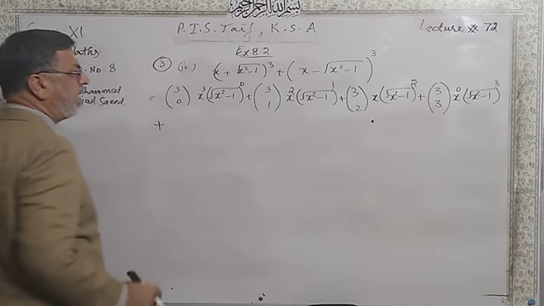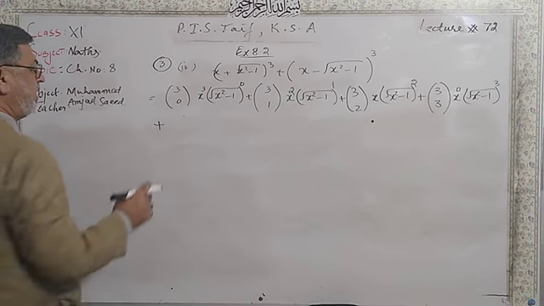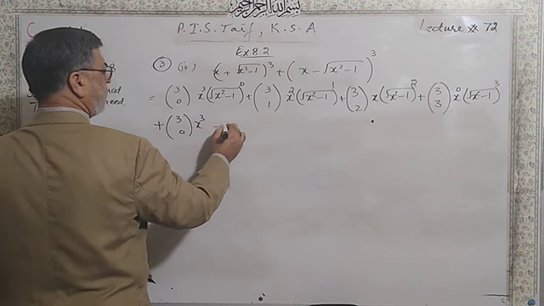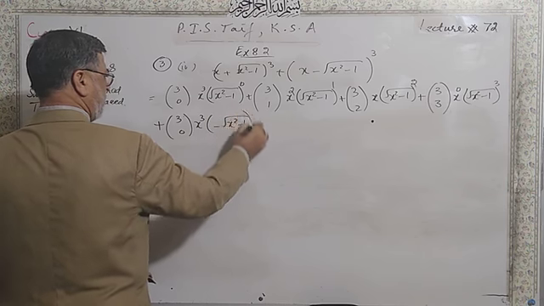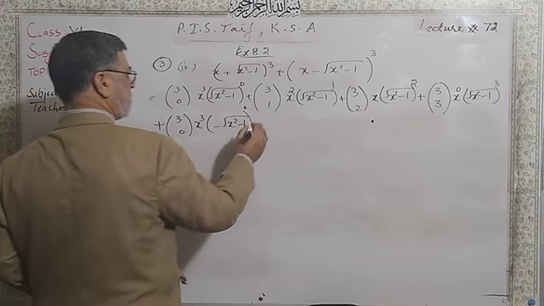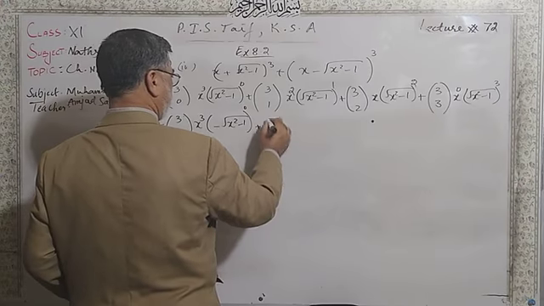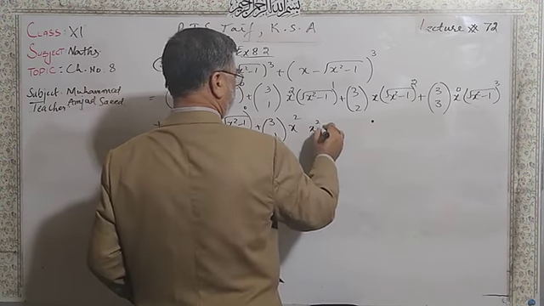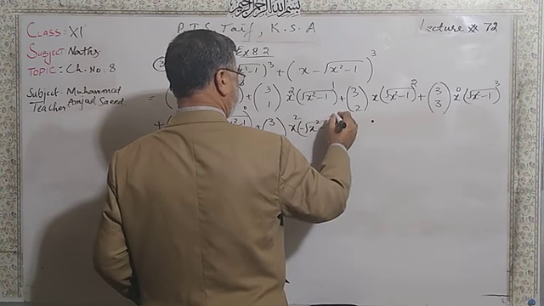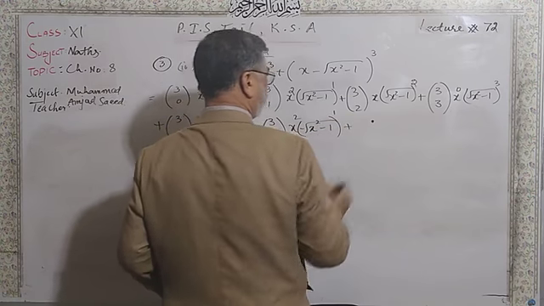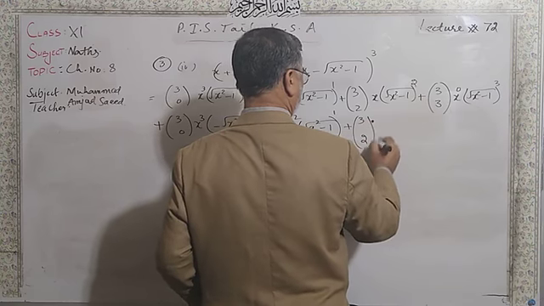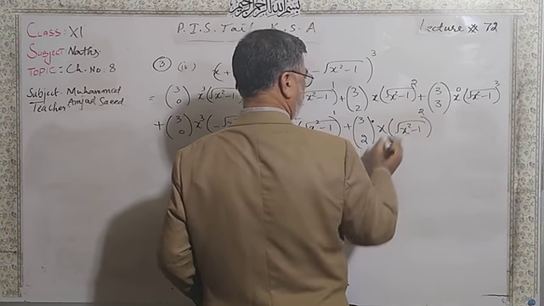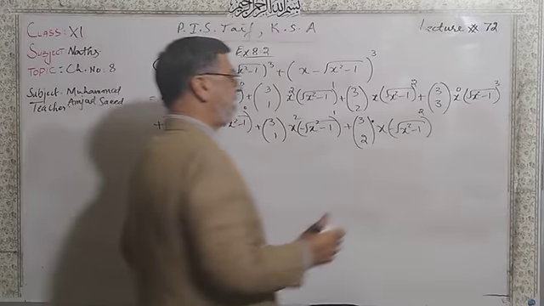Similarly, you can have the second with the negative sign here: 3C0 x cube (minus under root x square minus 1) power 0. 3C1 x square, minus under root x square minus 1, outside there is a negative sign, then plus 3C2 x (under root x square minus 1) whole power 2 with negative sign inside.